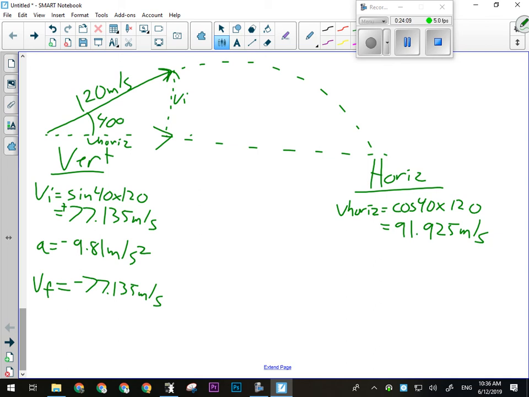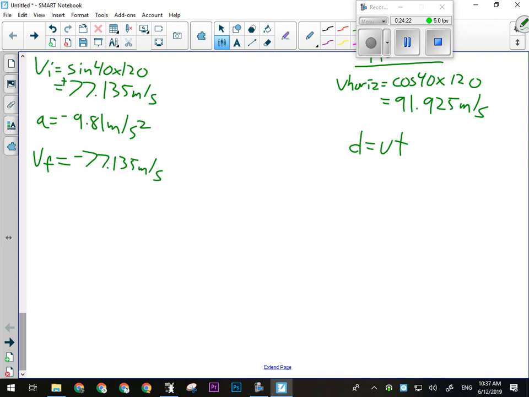All right, if I'm going to find the horizontal distance, I need speed, which I have, and time, which I don't. Can I find time with my vertical information? Yes. So I plug in here, T equals VF minus VI over A, right? Just our Science 10 acceleration formula.